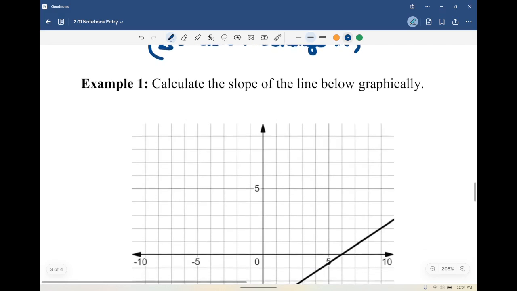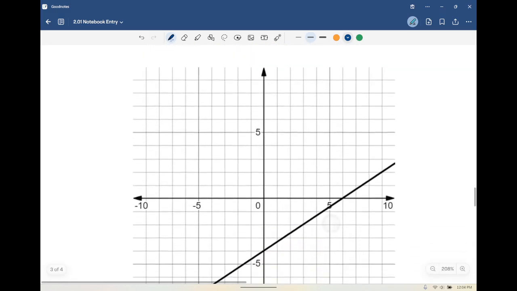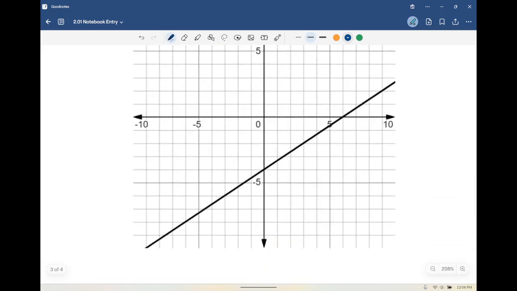If I come to a problem like example 1, and I need to know the slope, I don't have any points marked. And so the first thing I have to do is actually identify 2 points that I can work with. I'm going to choose this point right here, and we'll do this point right here. Now, for the sake of working with this graphically, I'm actually not going to label these because we're going to find there's a way of doing this without knowing necessarily what the points exactly are.